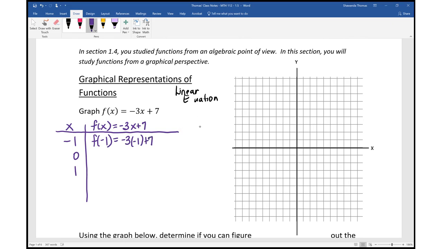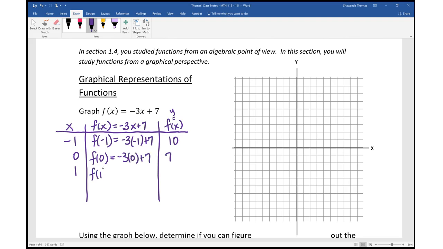So what we're essentially doing right now is evaluating a function. The f of x that we get, or the output, or the y value, would be 10. F of 0 equals negative 3 times 0 plus 7, which is 7. F of 1 equals negative 3 times 1 plus 7, which equals 4.